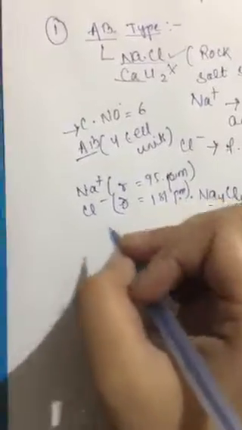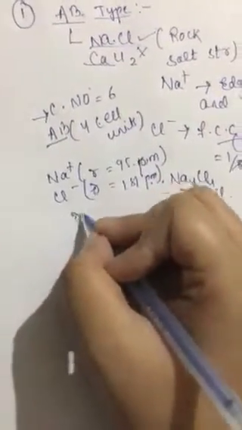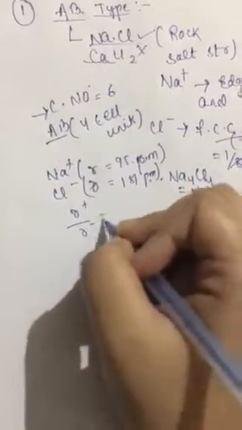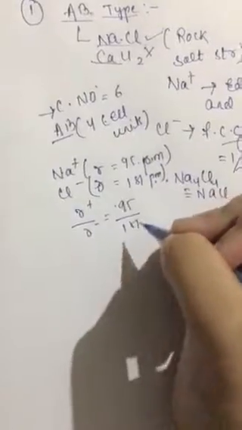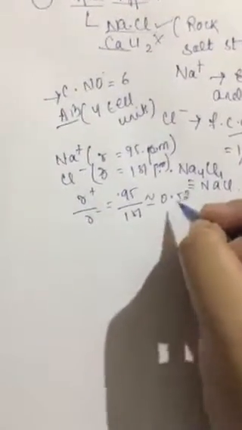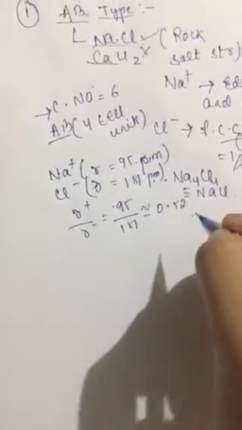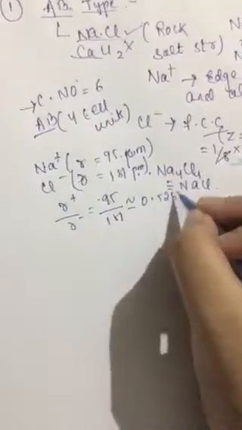So how do you take out the radius ratio? The radius ratio is r plus by r minus. So 95 by 181 will give you around 0.525, or approximately 0.52.